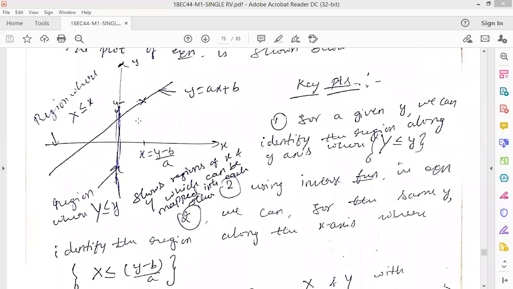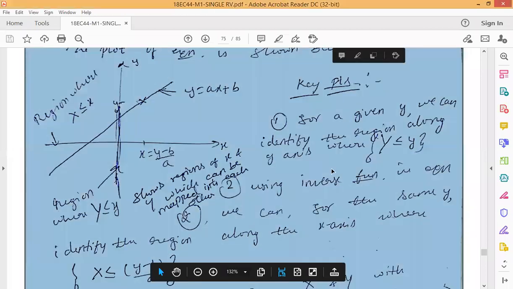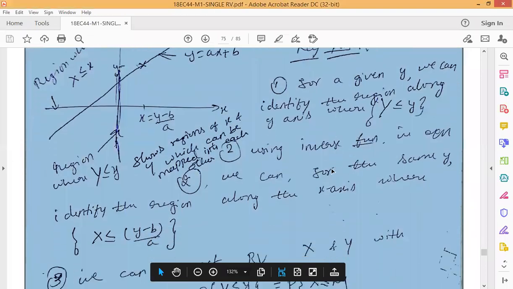We'll see what the values of the independent variable will be with a suitable example. For the same value of y, we will be able to identify the region along the x-axis for which we assume X is less than or equal to (y minus b) by a.